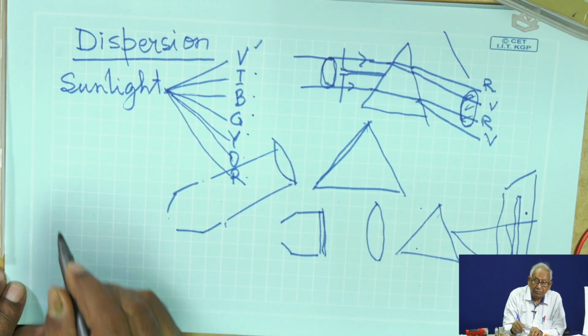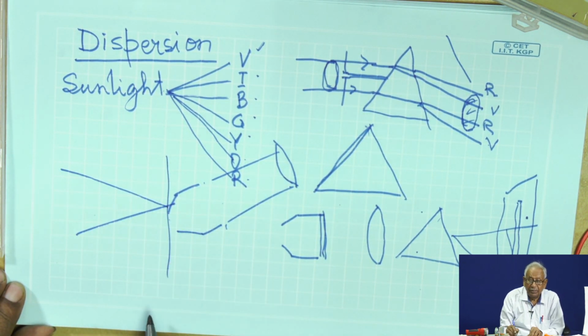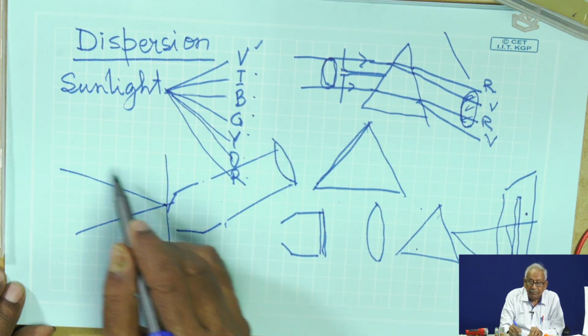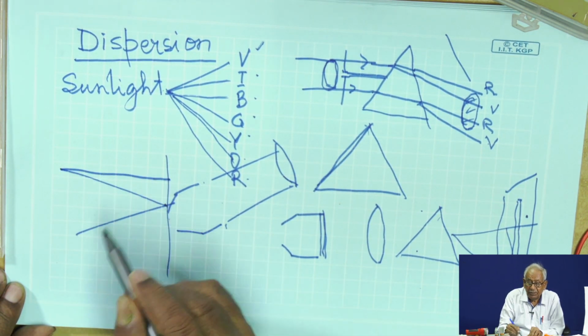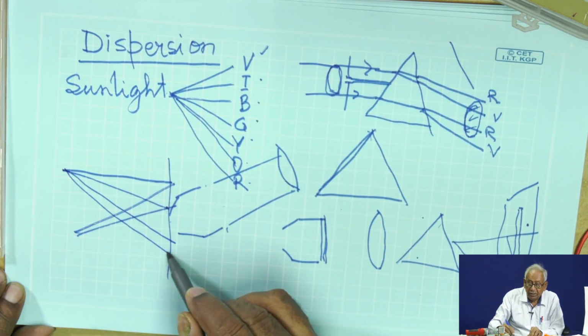Then you have to focus it with the help of the lens. If you focus it with the help of a lens, then you get a point on the screen. The lens is focusing on a point. And when the spectrum is produced, the red is focused somewhere here and the violet is focused somewhere here.